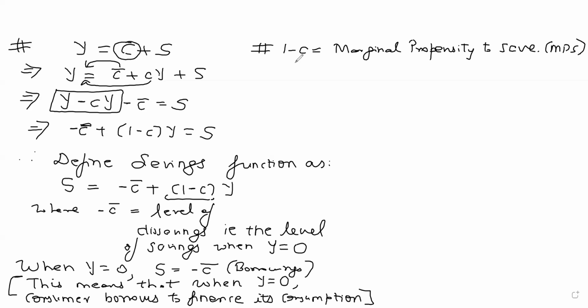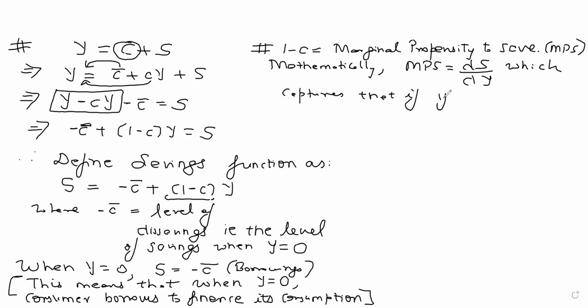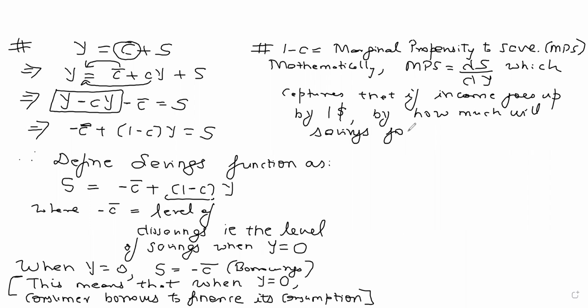So I can say that mathematically, MPS is nothing but the derivative of your savings function with respect to income, which captures that if your income goes up by $1, by how much will the savings go up?